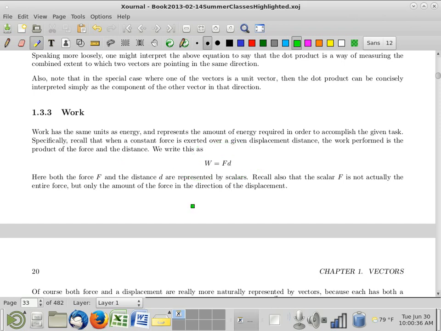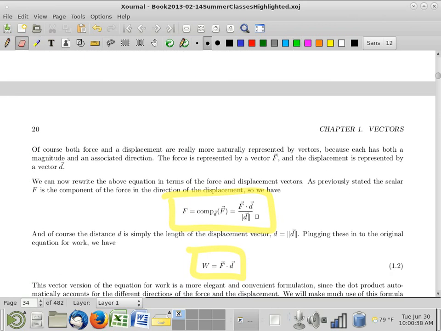So the way I'm going to write that down here then is to talk about how the force that I'm interested in is really a component. I don't really care about how much the thing weighs. I just care about to what extent you're pushing in the direction that you're going. Right? And conveniently, we have a formula for components. Components are computed like so: dot product divided by the magnitude of the direction vector, d.